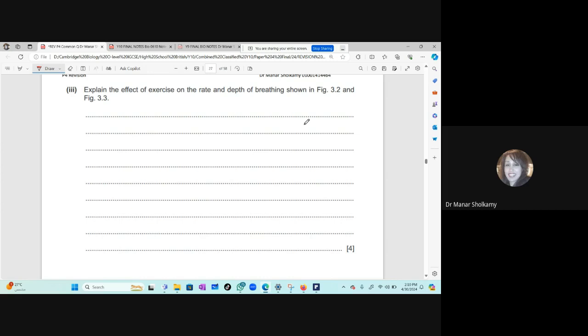In a question like this, shown in figures 3.2 and 3.3, why did I choose this question? Because if you mention that the rate and depth of breathing increase, and everything we just said, you will still not take the full mark. We have to explain the graph.